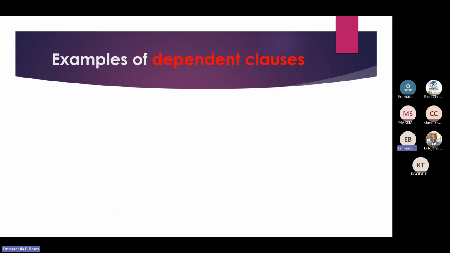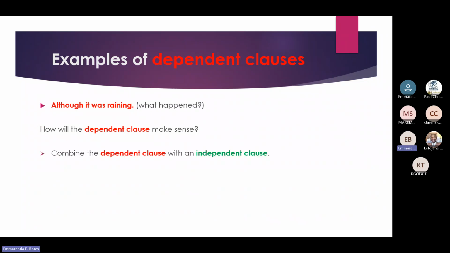Let's look at another example. Although it was raining. Again, you can hear that something must be added. So what happened? Although it was raining, how will this dependent clause make sense? Let us combine the dependent clause with an independent clause. The example here: although it was raining, the boys played soccer.